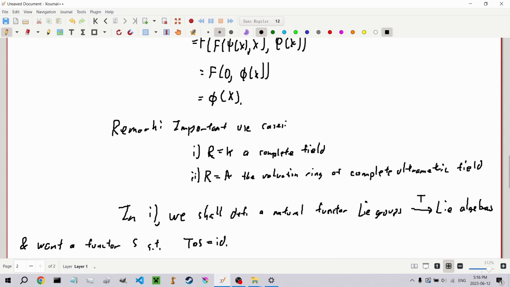So essentially you have a function mapping an object in the category of Lie algebras to a Lie group, and then you can push it back and recover your Lie algebra. Is the idea here.